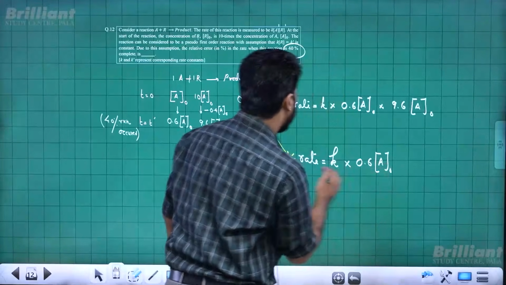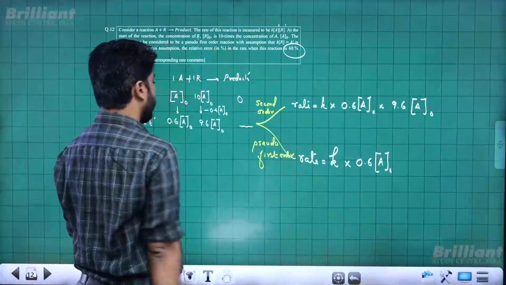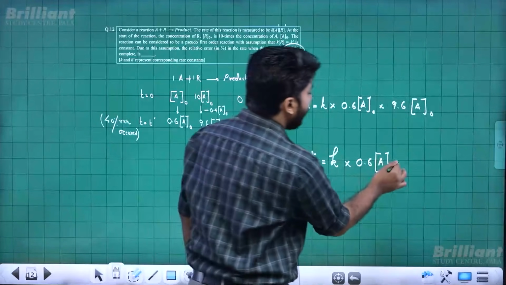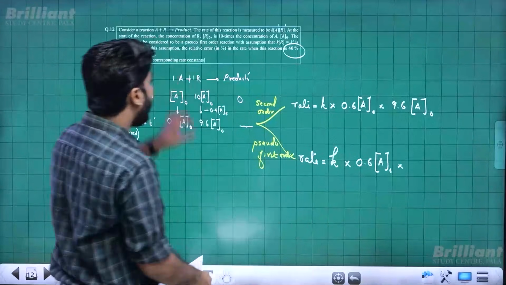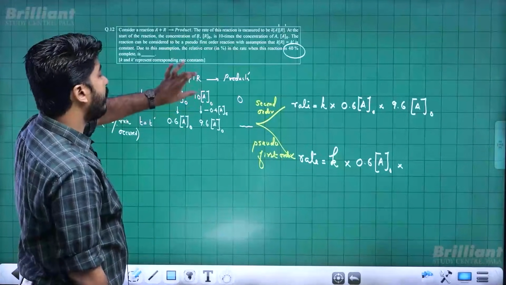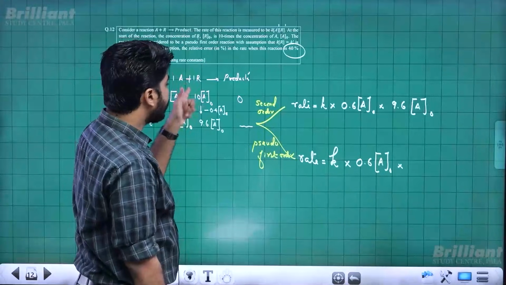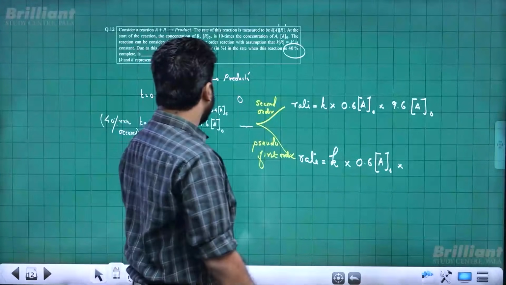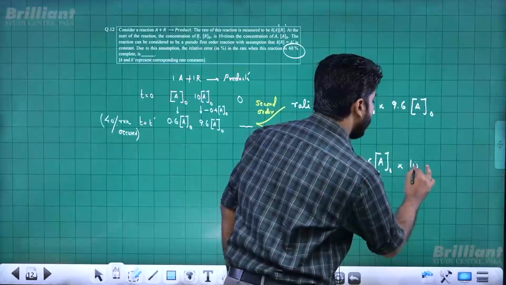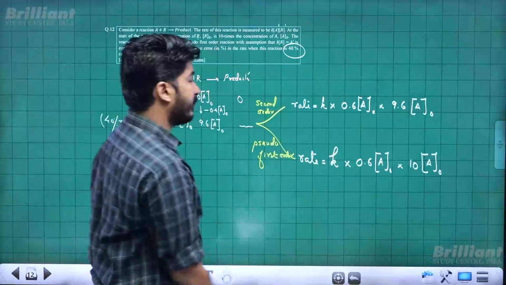That is not the excess reagent, so its actual, real value we have to consider. And when we write concentration of R, we need to take the original, initial value only, because we are assuming in pseudo first order case that its concentration is not varying. So during calculation, we will pick the initial value of R concentration.